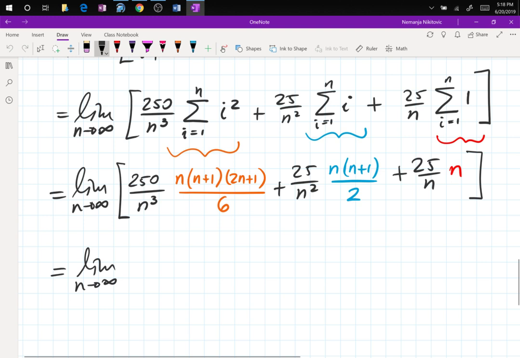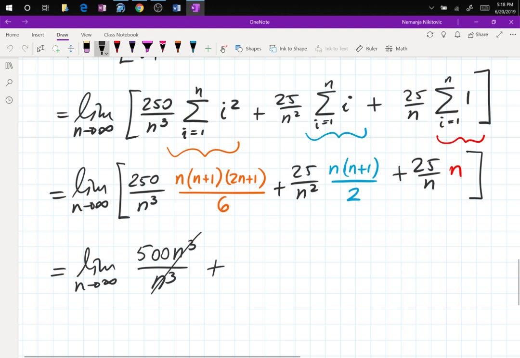You have on top n, n, and 2n, right? When you multiply them all together, you have 2n cubed. So 2n cubed times 250 is 500 n cubed over n cubed, and these guys cancel.